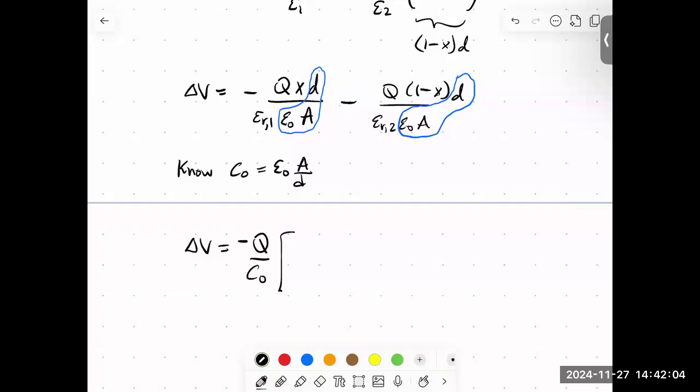What's left over is x over epsilon r1 plus 1 minus x over epsilon r2.